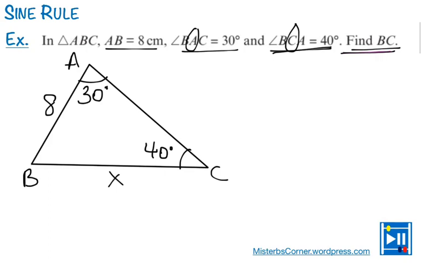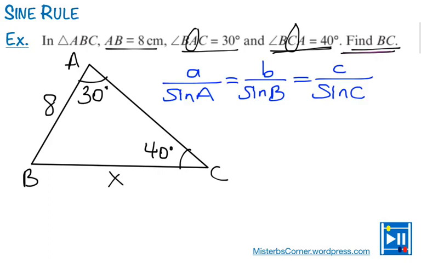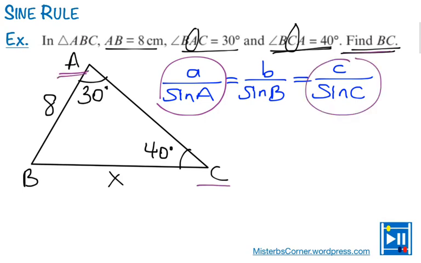So I'm going to use this one as the sine rule. It doesn't matter that the angles are named A and C. These letters are like dummy unknowns.